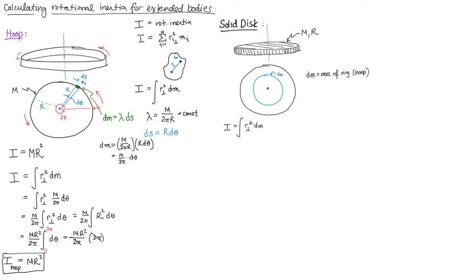This hoop is at a distance r from the center, but that r changes from 0 to capital R as you move out and increase the size of your hoop. Okay. The mass of this ring, we could write as 2 pi r, the circumference of the ring, multiplied by the mass density.